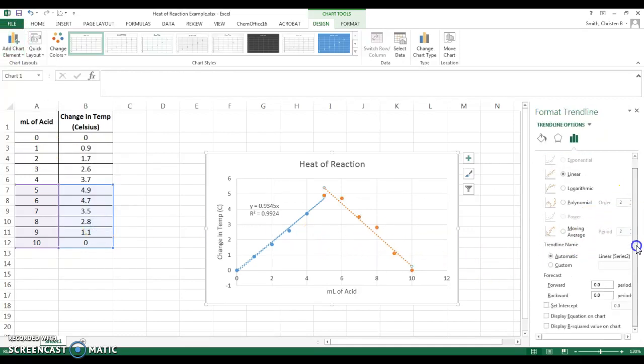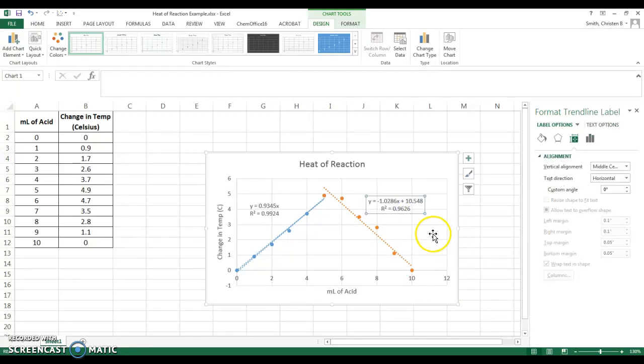In this case, it really doesn't make sense to add a 0, 0 point or to set the intercept to 0. Because at 10 milliliters of acid, when I have no base, I say that the change in temperature is 0. You do want to click on the display equation and the r² value, and here is my line of best fit for those points, the red points with the negative slope.